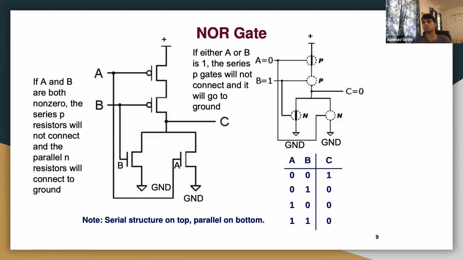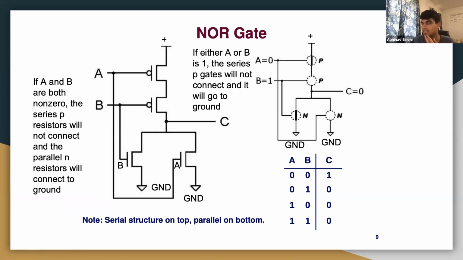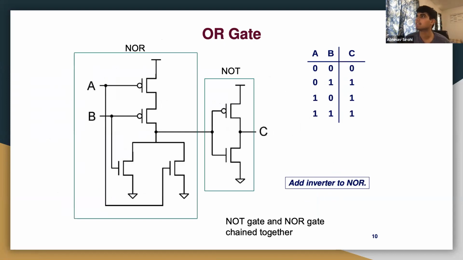So now we're going to go from a NOR gate to an OR gate. So we just learned how to make a NOT gate, right? And then we learned how to make a NOR gate. So if we just take the output of the NOR gate and put it through a NOT gate, we should be able to get an OR gate, right?